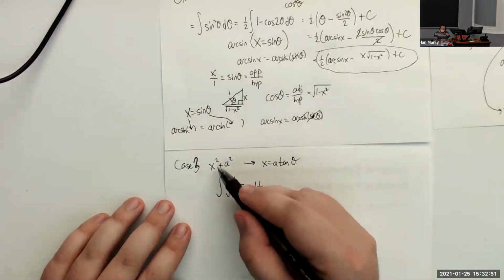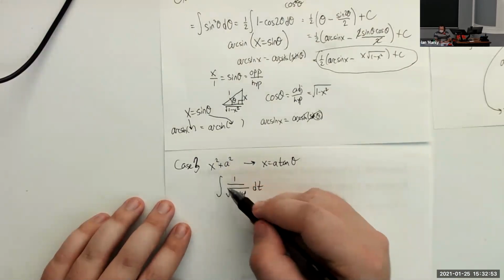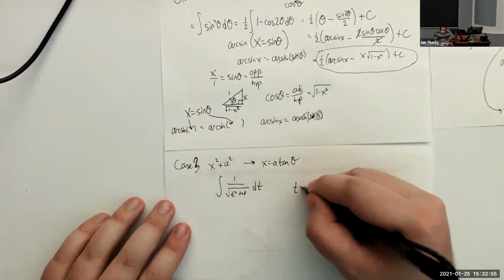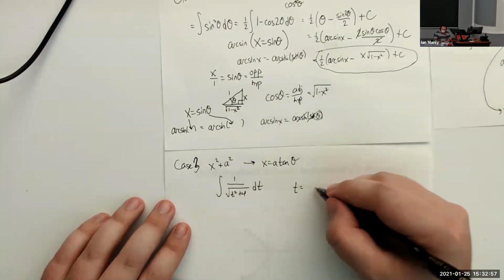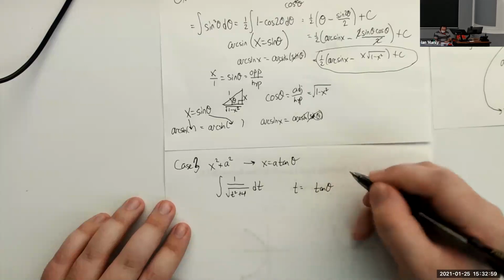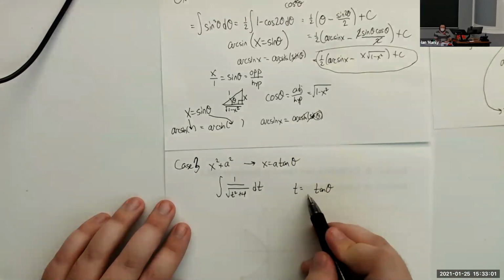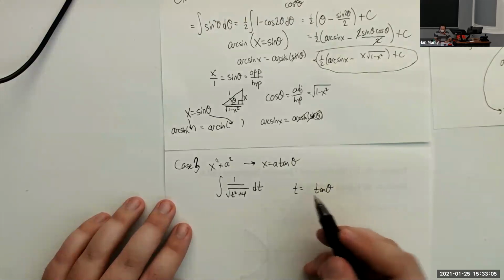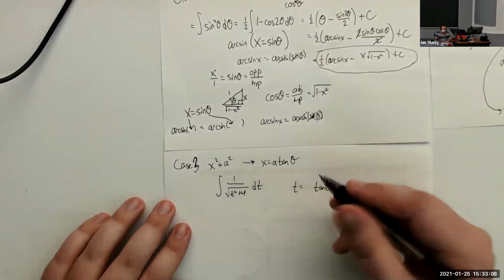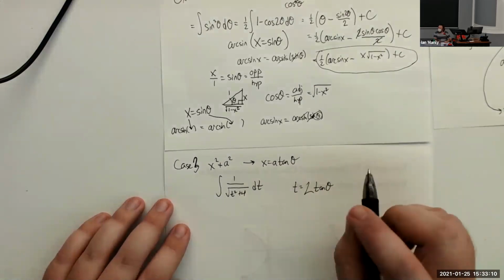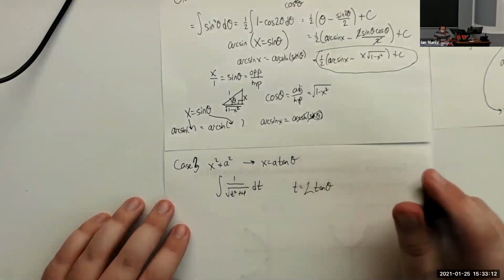So my variable that I'm squaring is going to be t, and then I'm going to have a number times tangent of theta. What number do you think I'm going to use for this substitution? 2. That's right. It's the square root of this number. So t is going to be 2 tangent of theta.